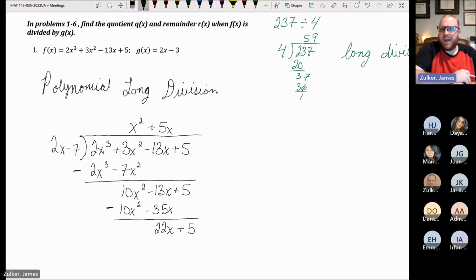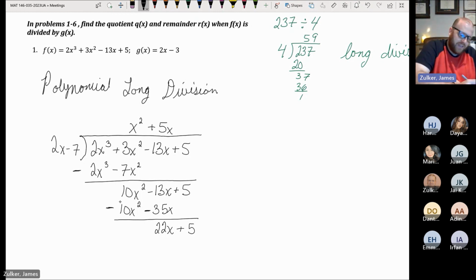Why would they both be minus? Right, but it's not minus 35, is it? Remember, this minus is going to be applied to the whole thing.